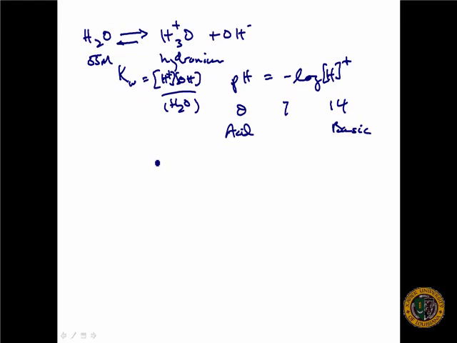Now in biological solutions, we need to maintain a pH which is about neutral, about 7.4.